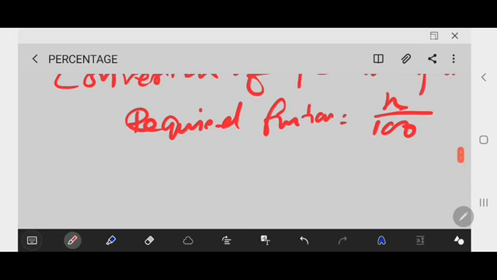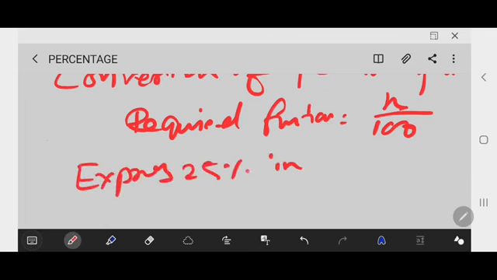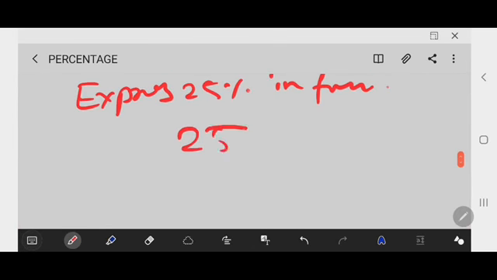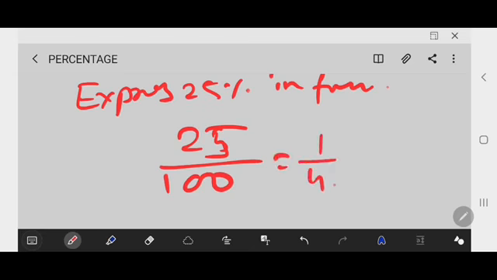The question will be like, express 25% in fraction. The answer will be directly 25 by 100, so the answer will be 1 by 4.